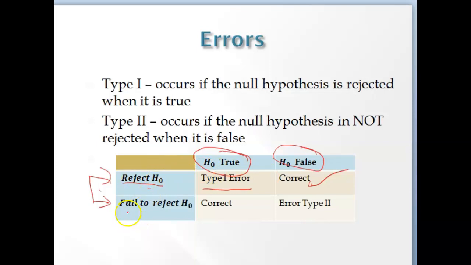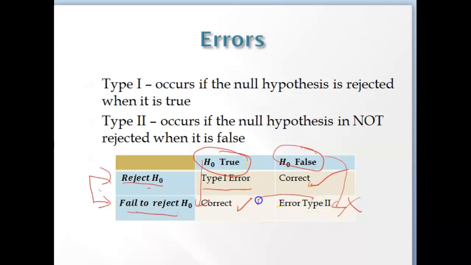A type 2 error occurs when the null hypothesis is not rejected when it is false. So here we go. If we fail to reject the null hypothesis and it is true, then we've made the correct decision. We don't reject it because it's true. However, if we fail to reject the null hypothesis and it's actually false, then we've made the wrong decision.